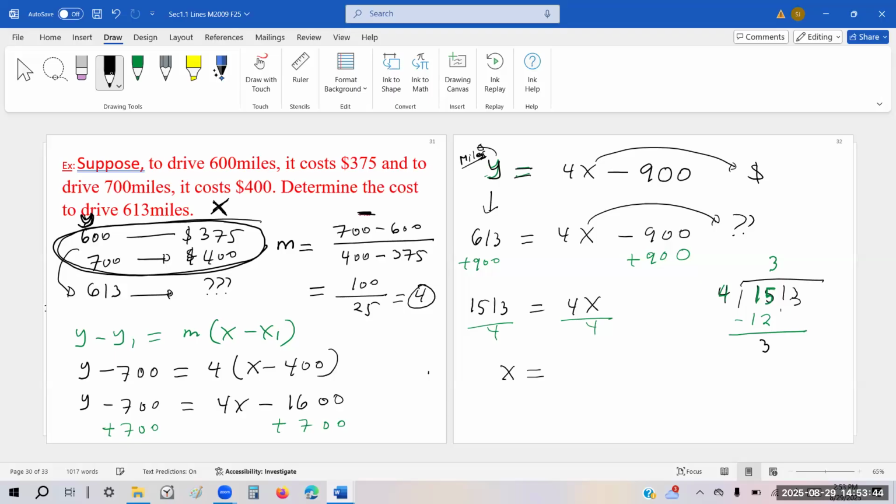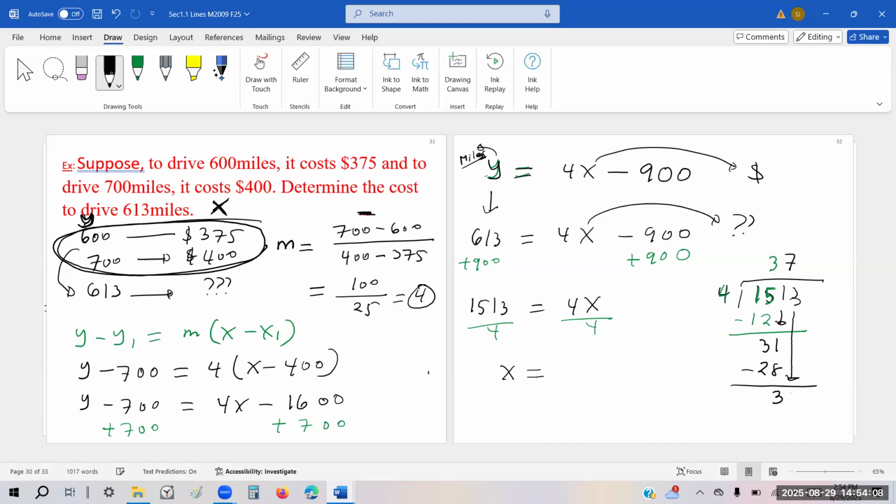3. And then we bring down the next number, 1. So 3 becomes 31. Now 4 goes into 31 how many times? 7. 4 times 7 is 28, so we have to subtract. And how much is 31 minus 28? 3. So we have another number extra.